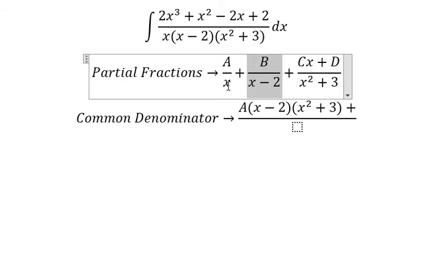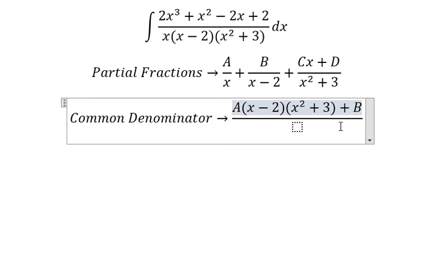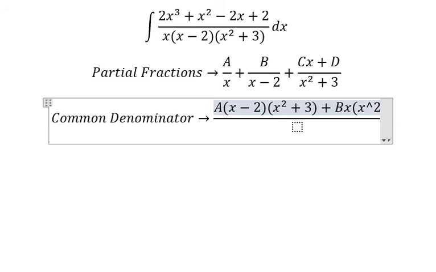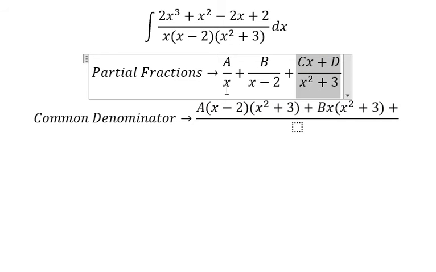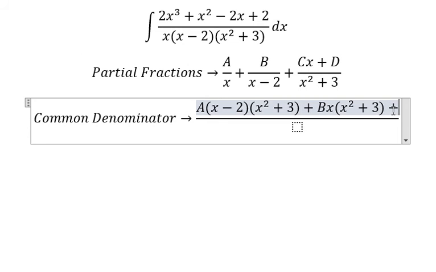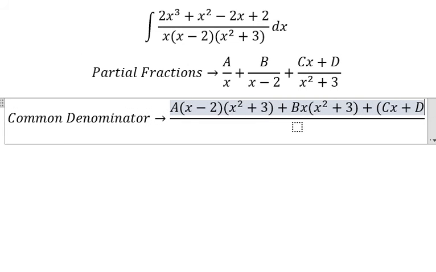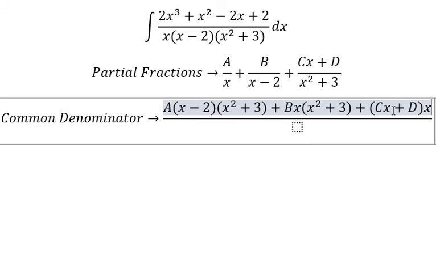This one is missing s and (s squared plus 3), so capital B multiplied by s and (s squared plus 3). This one is missing s and (s minus 2), so (Cs plus D) multiplied by s and (s minus 2).